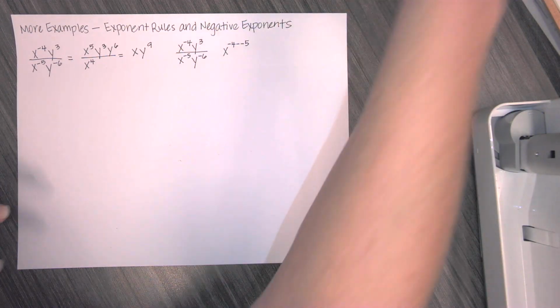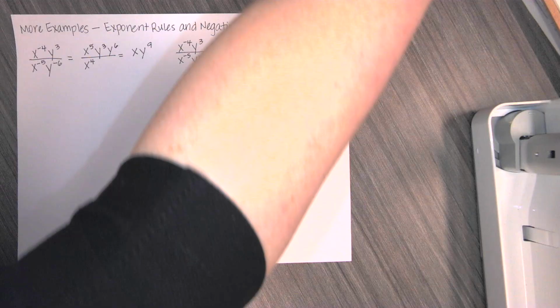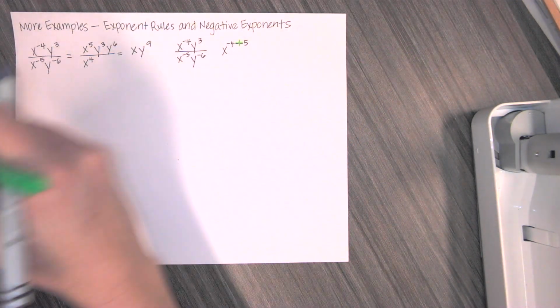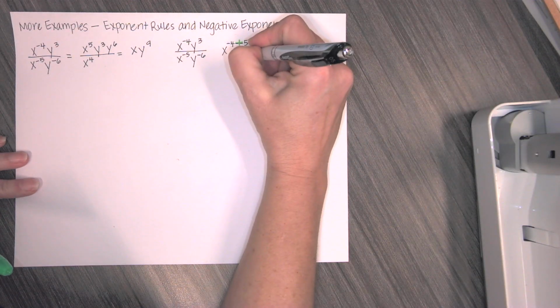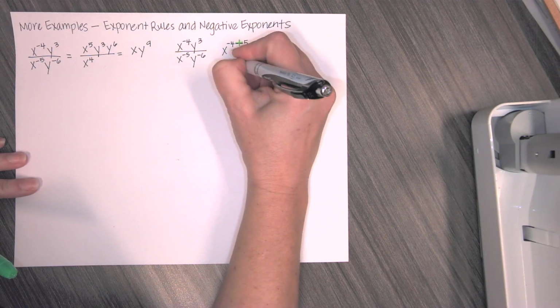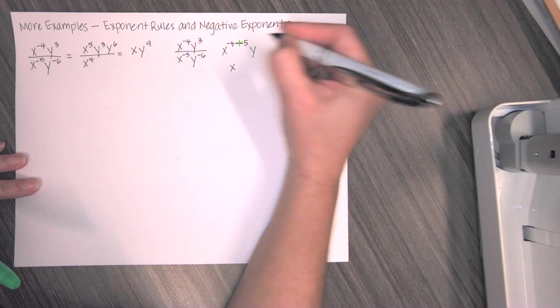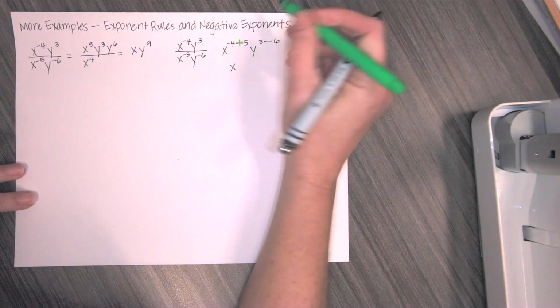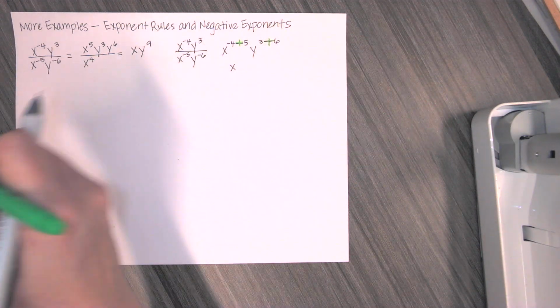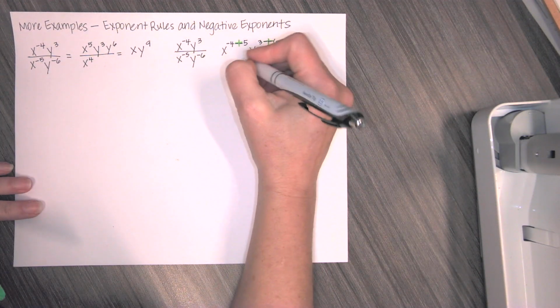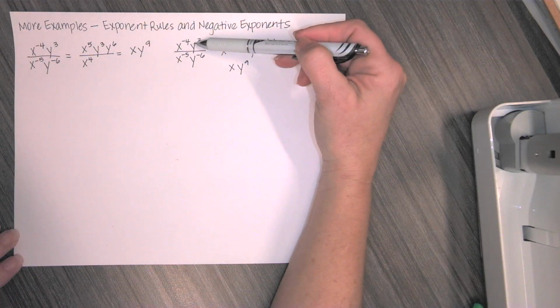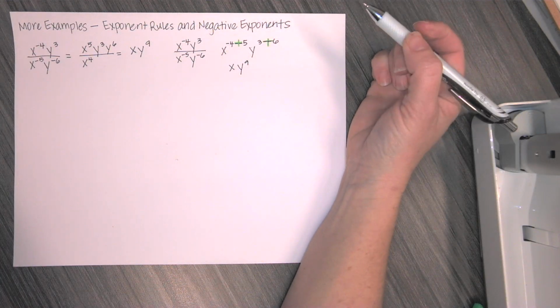Negative 4 minus negative 5 becomes plus, and so we get just x to the first. And for the y's, it would be 3 minus negative 6. Well, 3 minus negative 6 becomes 3 plus 6, and that would be y to the 9th. So we could do it that way as well, which is the rule that says when you divide things that have the same base, you subtract your exponents.